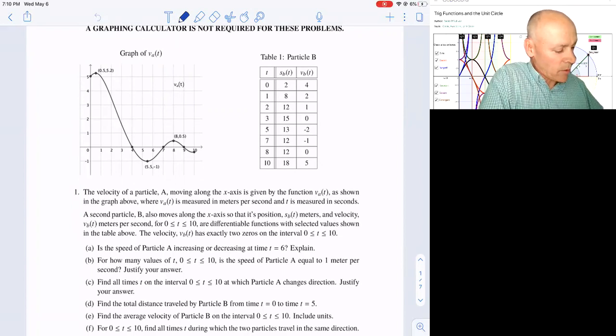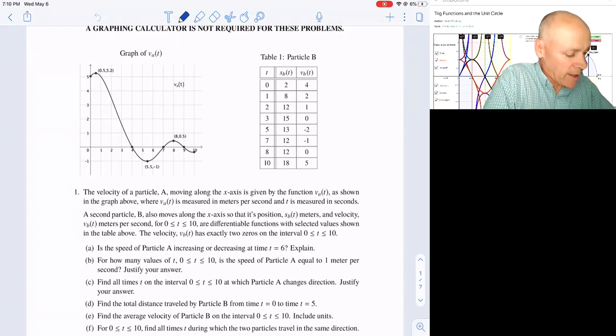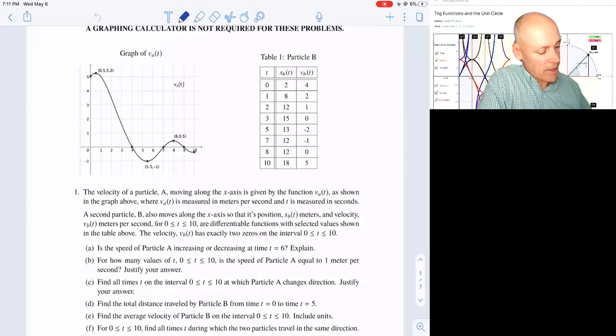A second particle B also moves along the x-axis so that its position, SB of t meters, and velocity VB of t meters per second for the closed interval from 0 to 10 are differentiable functions with selected values shown in the table above. The velocity VB of t has exactly 2 zeros on the interval from 0 to 10. I'm going to highlight that because that is going to mean something here in just a little bit.